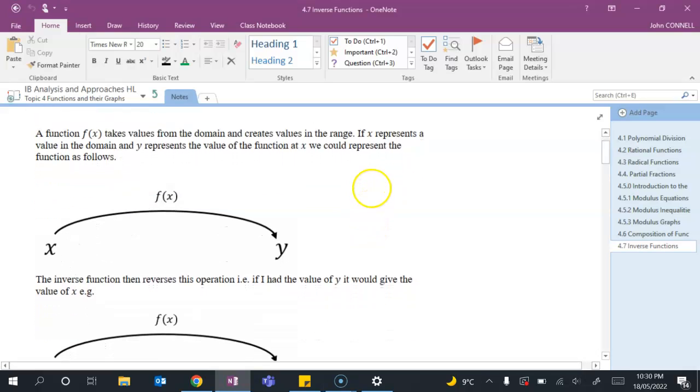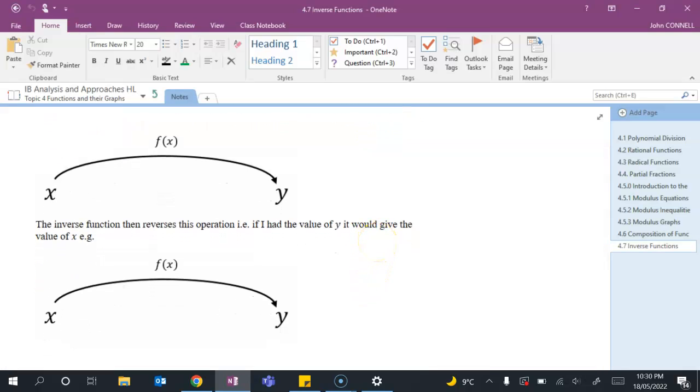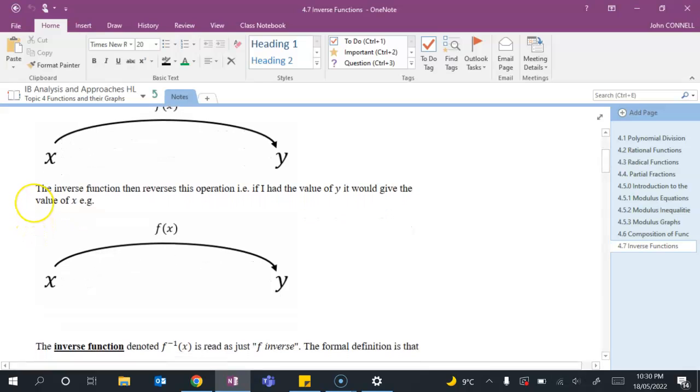Now, if I've got a function, then I want to find the inverse function. If the function takes a value from x to y, then an inverse function should take the value of y and give me x when I apply it.